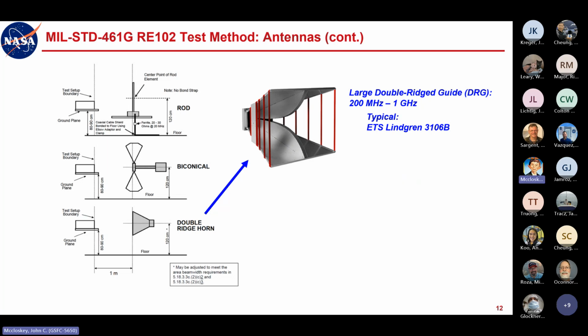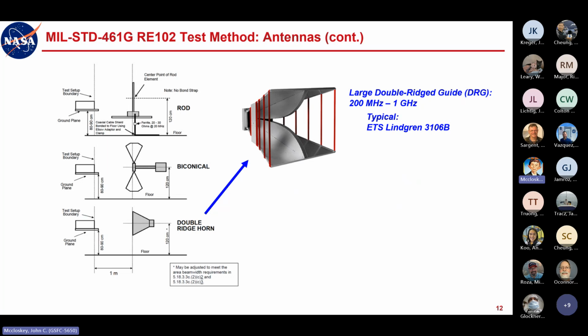I should mention that with more or less all of these antennas, other vendors have provided these over the years. I think you can still go to other vendors, but those model numbers are pretty universal.